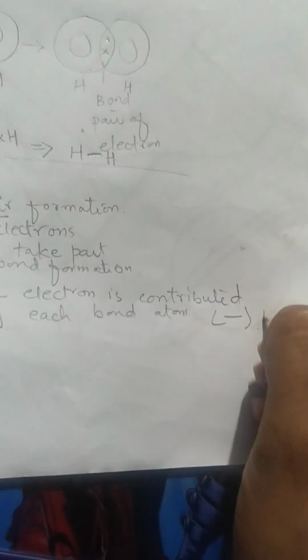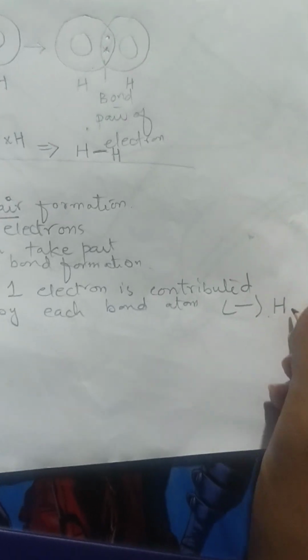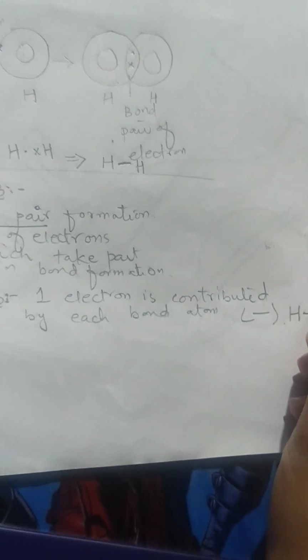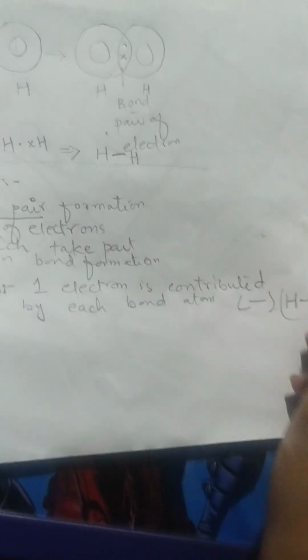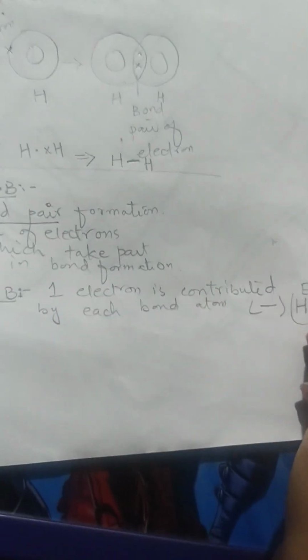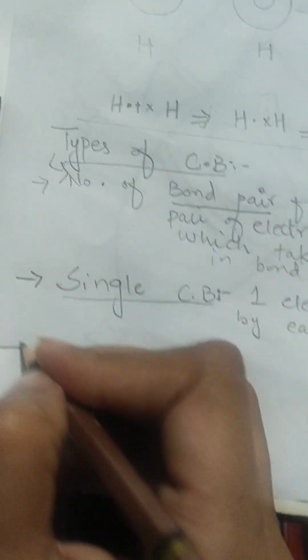Like we have already discussed the example of hydrogen molecule formation. This is an example of single covalent bond. There are many examples of single covalent bond.